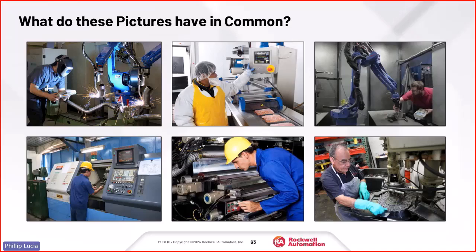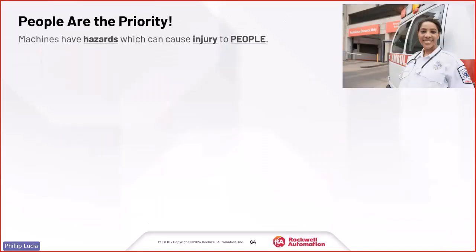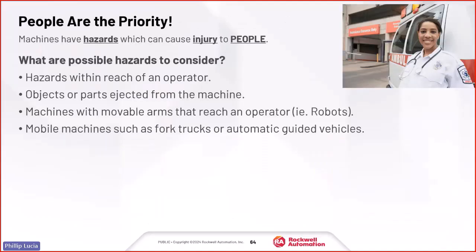The key point we're illustrating is that it's really common, and getting more common, for people and machinery to interact. And we love our first responders as shown here, but we don't really want them coming to our workplaces unless needed. We want to protect people. This headline says people are the priority. I probably should change that. I'd say people are a priority, certainly a very, very high priority.